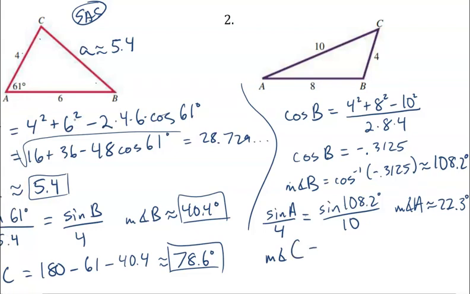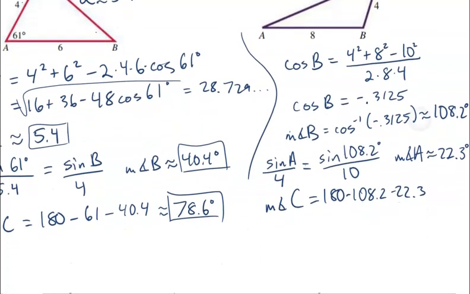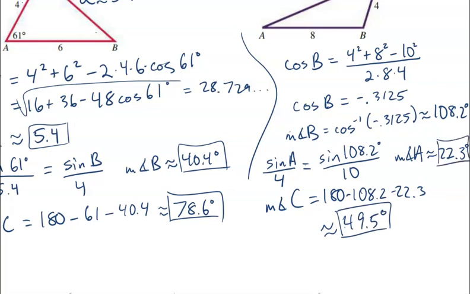C. So C is 180 minus 108.2 minus 22.3, which comes out to be about 49.5. There we go. Okay, so angle C, angle A, and angle B.